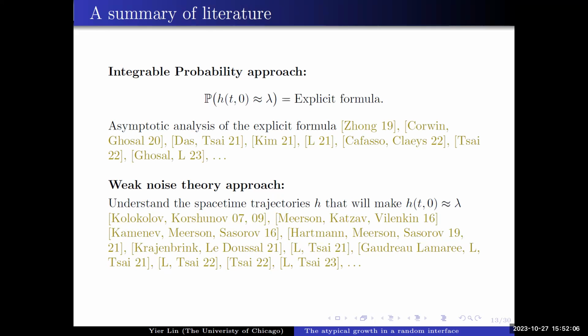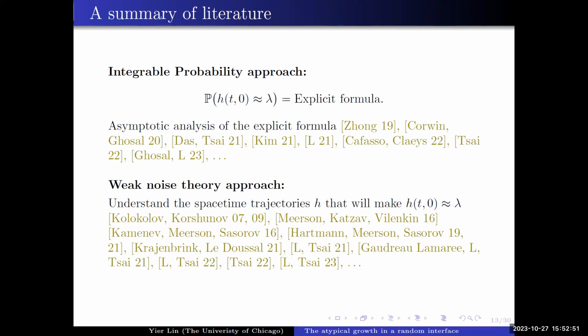The first approach to generally understanding the tail behavior or large deviation of the KPZ equation is that, when you start the KPZ equation from some special initial condition, you can characterize the one-point probability distribution using some exact formula. This formula is very explicit, but also very complicated. So when you let time go to infinity, you need to do some asymptotic analysis on this formula.